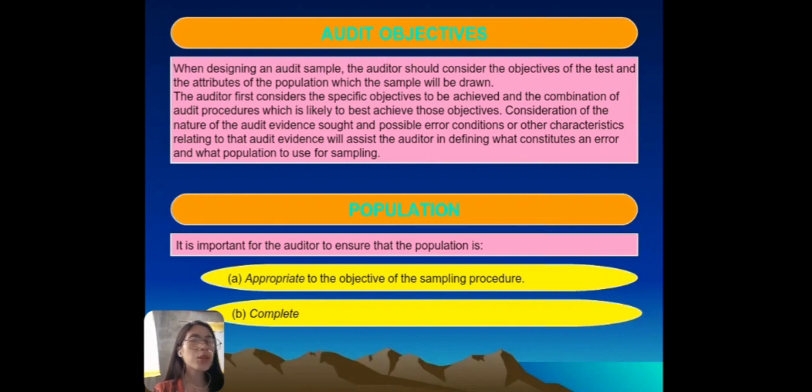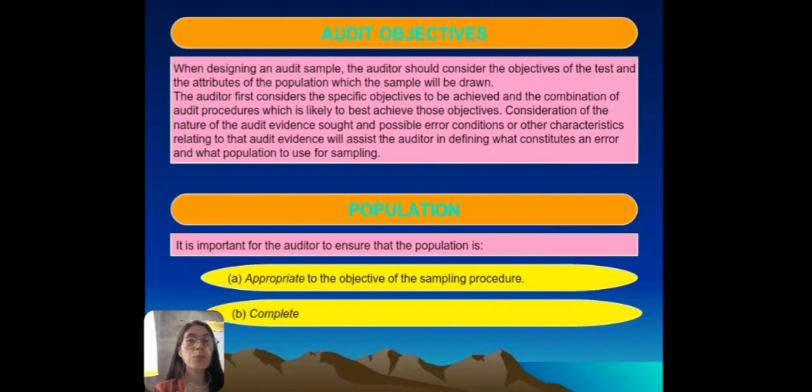So it is a consideration of the nature of the audit evidence sought and possible errors, conditions, or other characteristics relating to the audit evidence, which will assist the auditor in defining what constitutes an error and what population to use for sampling.